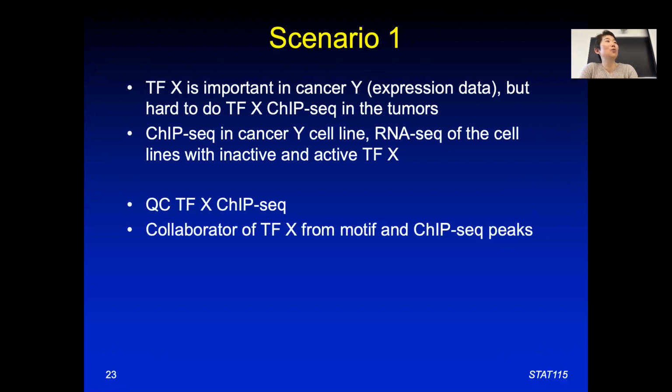In fact, this is what we did in the first transcription factor ChIP in human. It was actually our study, the exact same situation. We knew estrogen receptor was important in breast cancer, but it was impossible to do breast cancer ChIP like 15 years ago. And so we did the ChIP in a cell line.